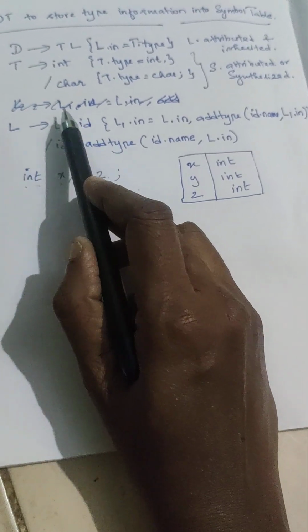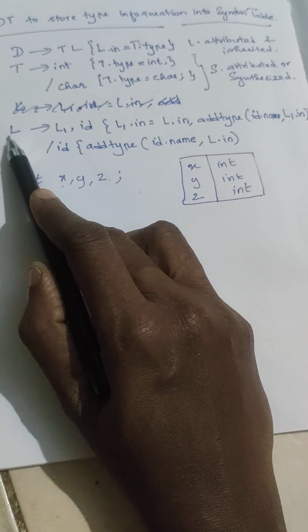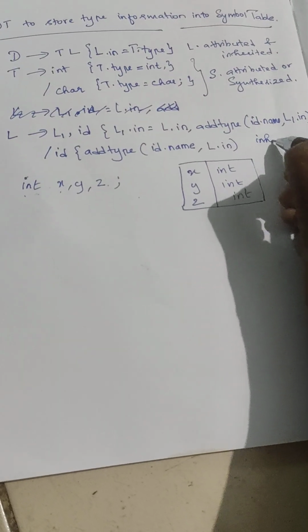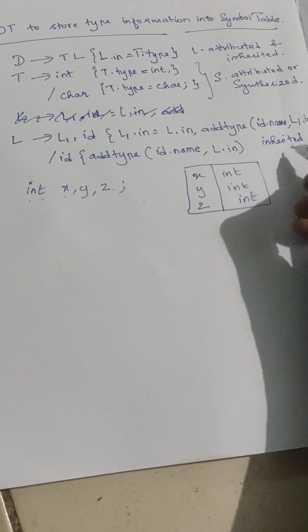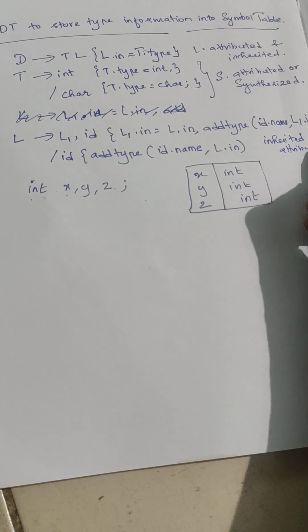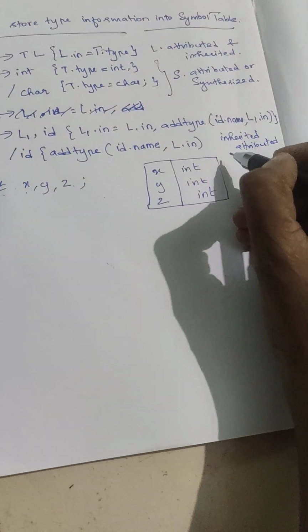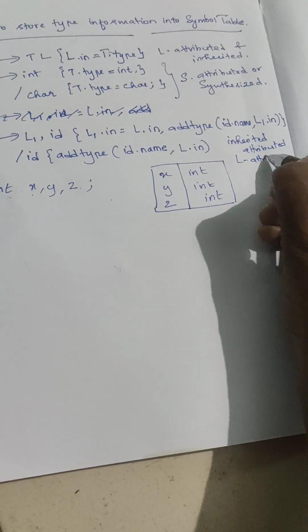As you know, the children take their value from their parent. So again this is an inherited attribute, and also an L attributed one. So overall this SDT is an L attributed SDT that we have to define.